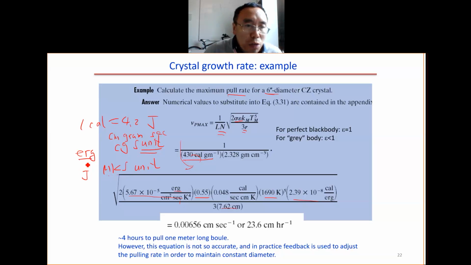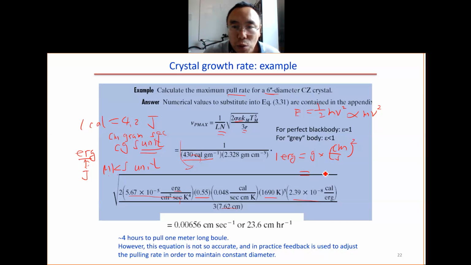So how do we convert between joule and erg? We know that energy is given by one half m v squared, so the energy unit is m v squared. So 1 erg equals m in grams times v squared, where v is centimeter per second.